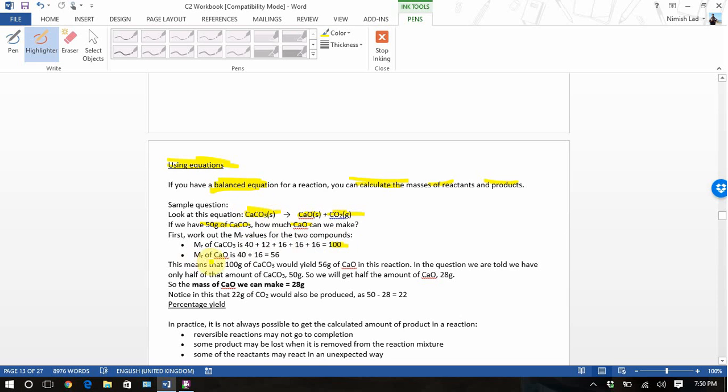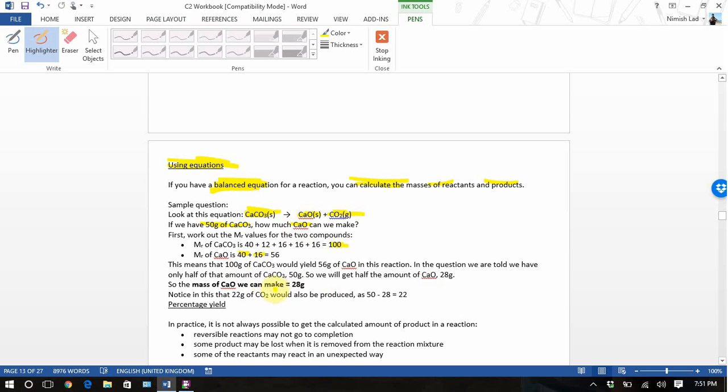The relative formula mass for calcium oxide, well, that's 40 for calcium and 16 for oxygen, so it's 56. So this means for every 100 grams of calcium carbonate you put in, you get 56 grams of calcium oxide. So, what do you need to do?